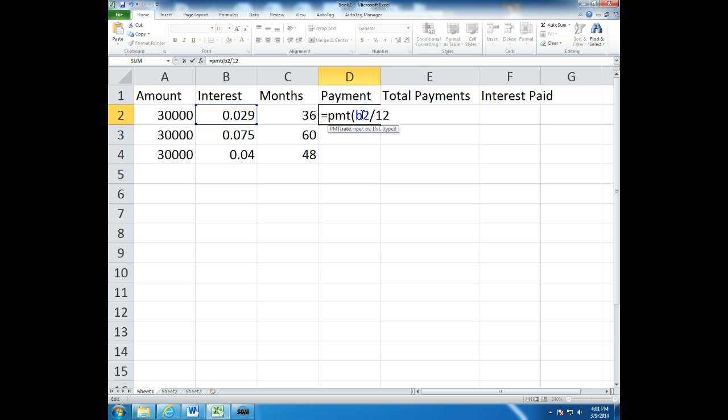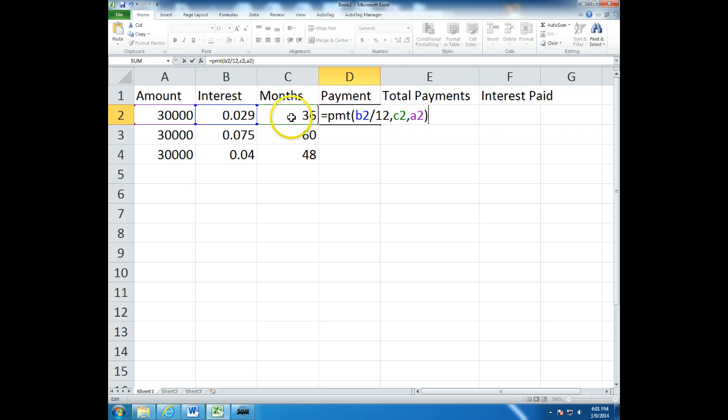So I need to divide by 12, comma, the number of periods is C2, in this case 36, and then comma, and then PV is the present value, or the amount of money that I'm borrowing in this case, so that would be A2.